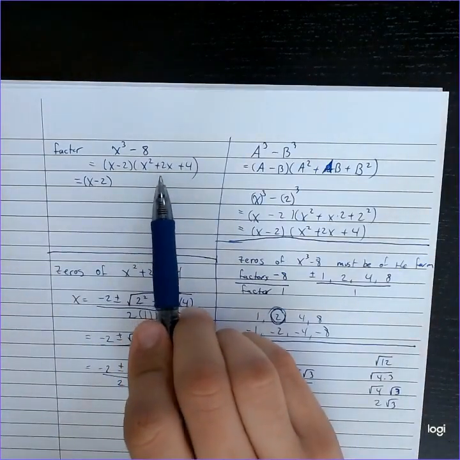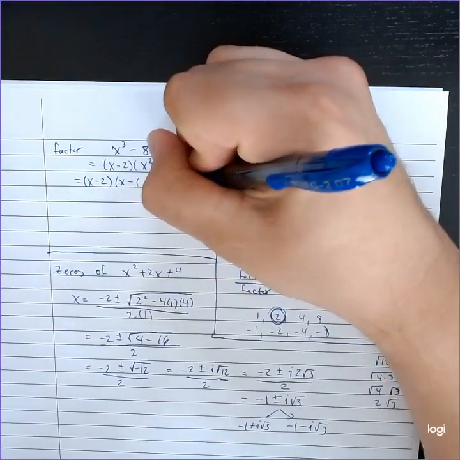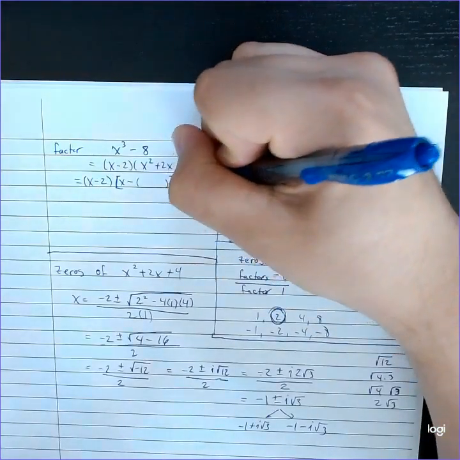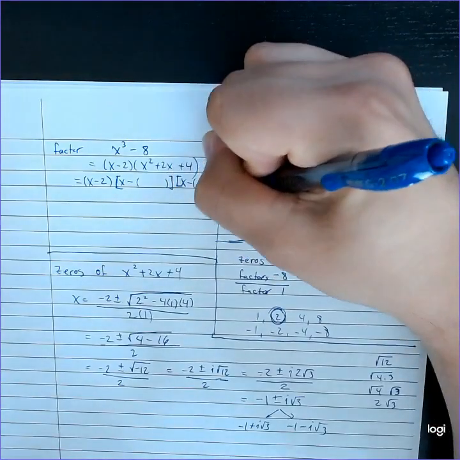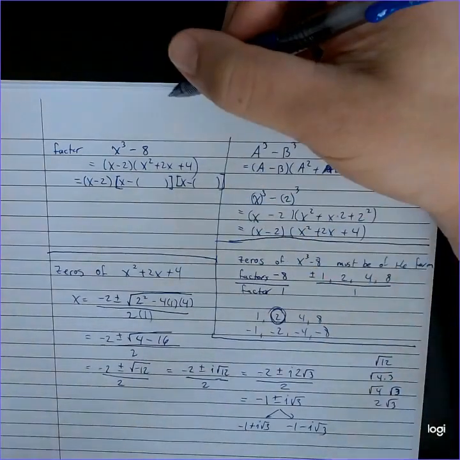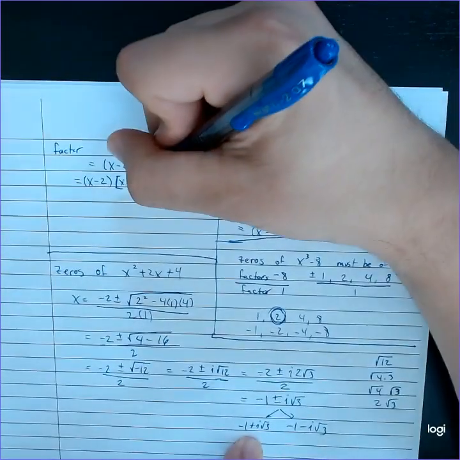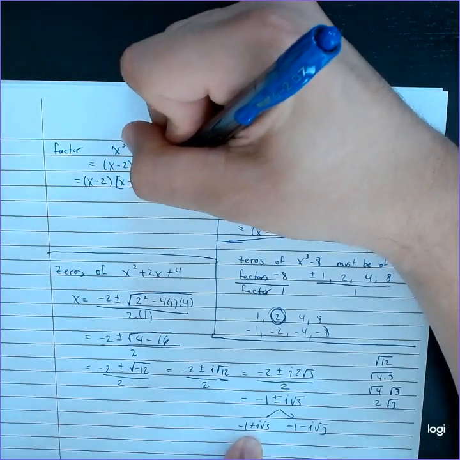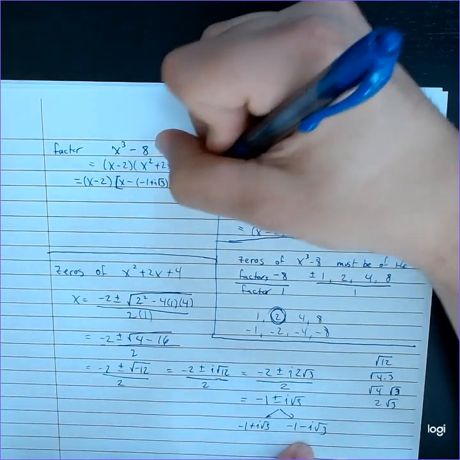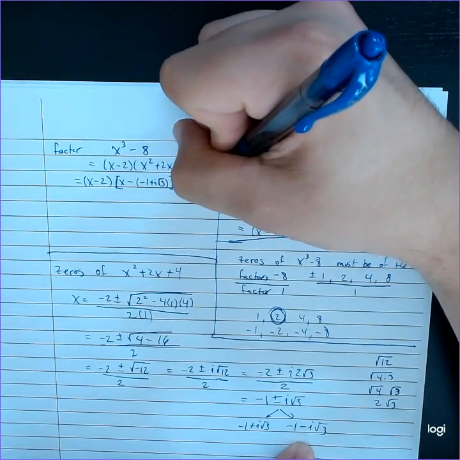And now x squared plus 2x plus 4 factors as x minus something and x minus something else, where those two somethings are these two zeros that we just found. So I can write that as x minus, using this zero first, negative 1 plus i root 3, and then I'll use this zero over here, and I'll write that as x minus, negative 1 minus i root 3.